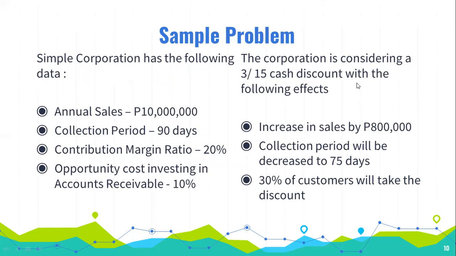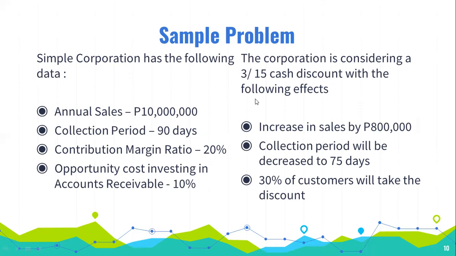The corporation is considering a 3/15 cash discount with the following effects. So let us clarify what this is. It means that if the customer can pay within 15 days after the sale, the customer can avail the 3% cash discount. So that is what we mean by this term.